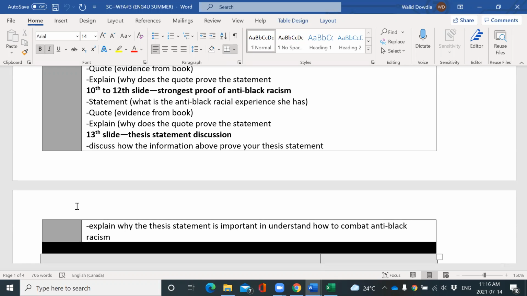And then also the next thing you need to do is talk about why this statement is important in understanding how to combat anti-Black racism. Like why is what we're doing here and what she's doing here, how is it used to stop anti-Black racism?